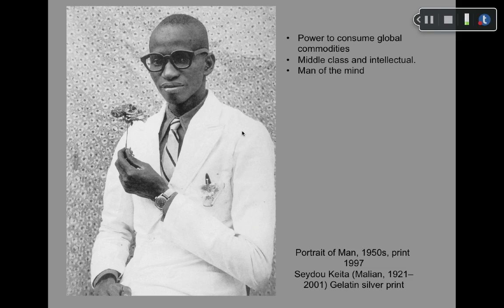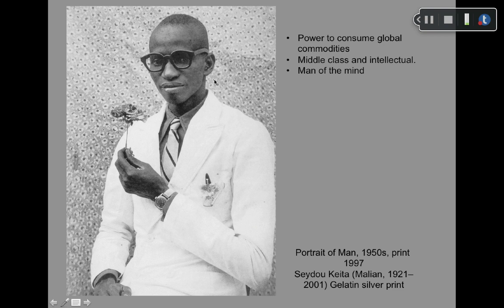The same kind of thing is happening here with this portrait. Again, we have use of the flower, an interest in the finer things in life, right? This man, he also shows off his watch, his pen. He's got a pocket protector. He wears this really nice kind of suit. Today you might see this image and think he's a contemporary hipster, right?